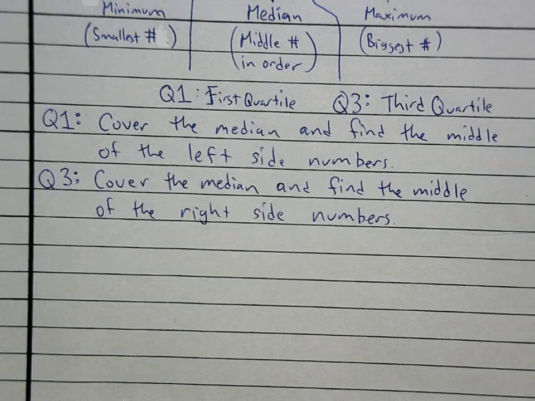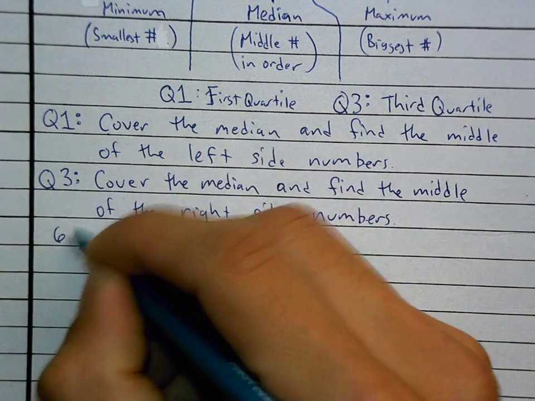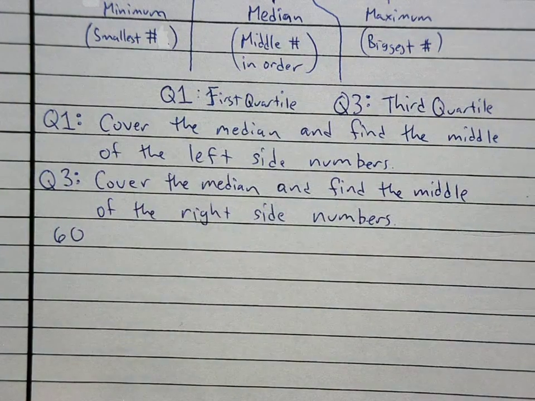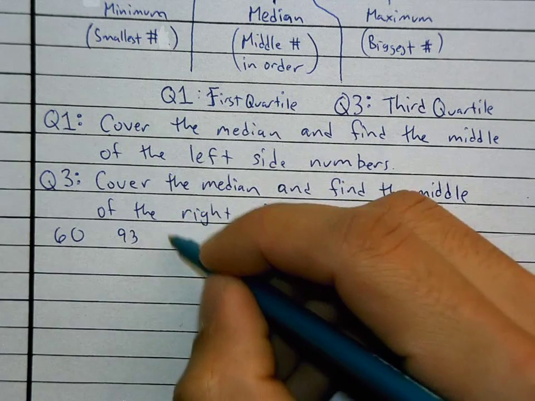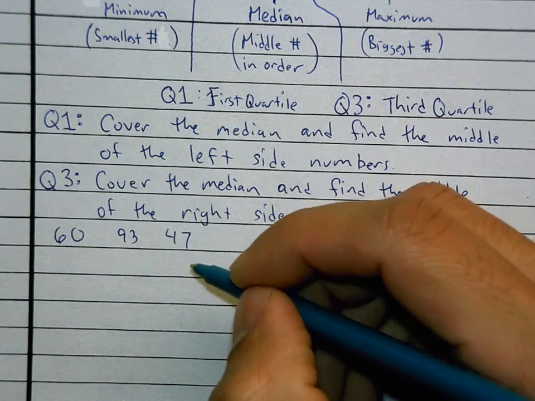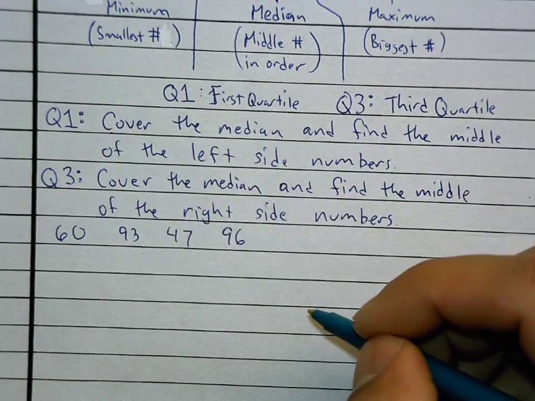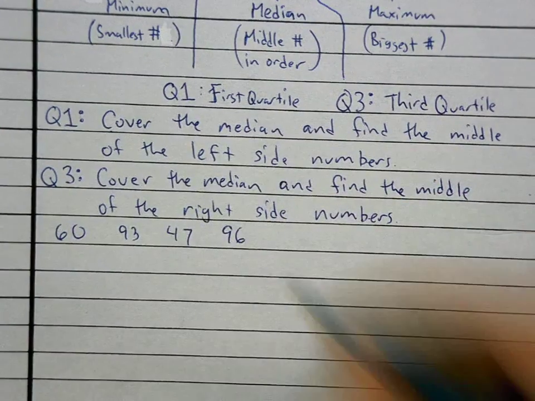Okay? So, Xavier, what'd you get? Just any score? 60. Perfect. What'd you get? 93. What'd you get? 47. Thank you. What'd you get? 96. Okay, thank you. 99. Thank you.